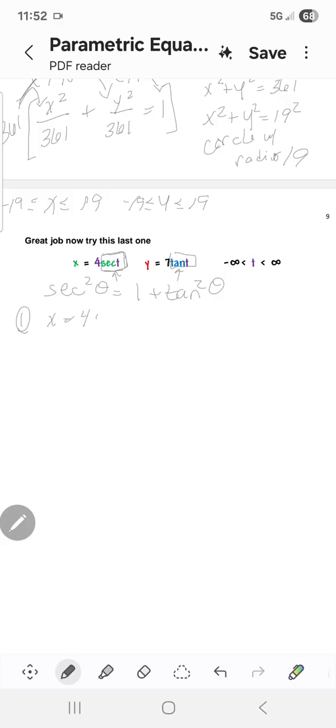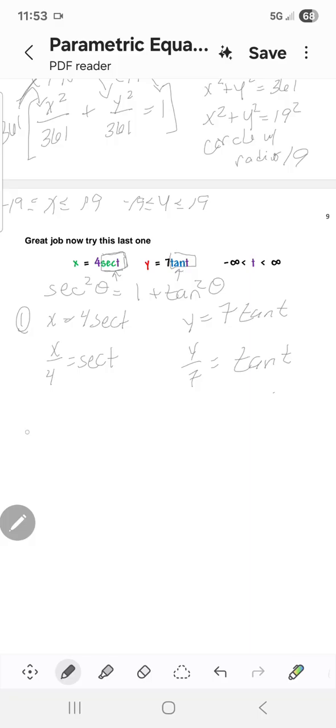So x equals 4 secant t, so x divided by 4 equals secant t. We say the same thing with y. That's 7 tangent t, so y over 7 equals tangent t.